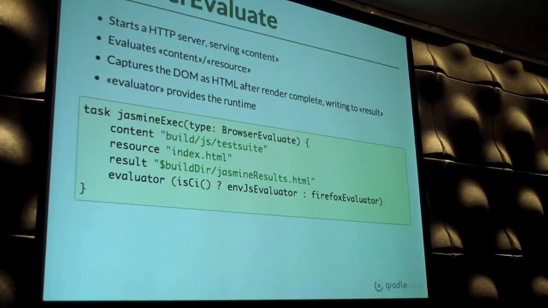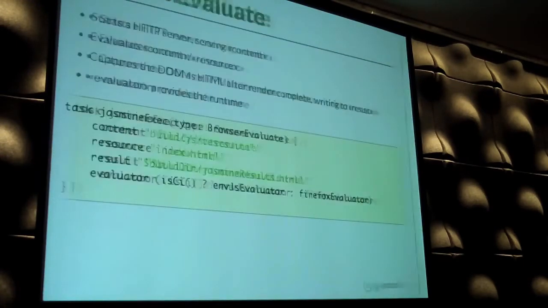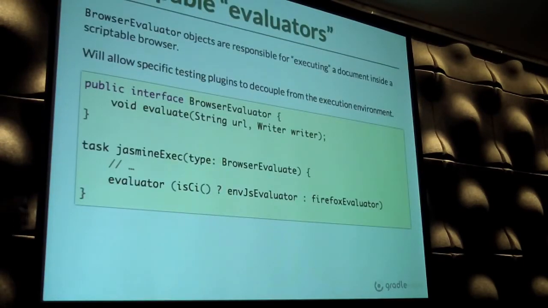We're doing what we did before with the Jasmine unit test example, where we ran MJS and Rhino and automatically ran some unit tests. This is some extra Gradle tooling that just makes that more convenient. And there's an abstraction here around how the page actually gets evaluated.